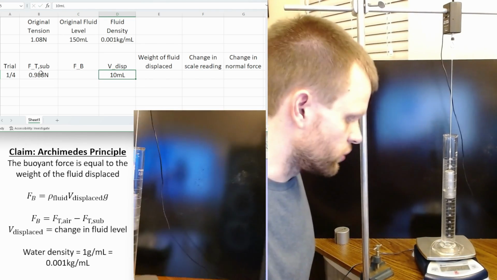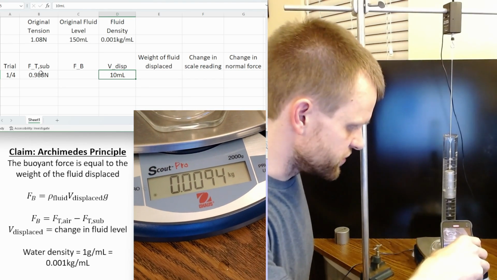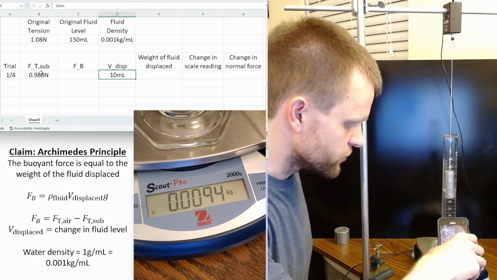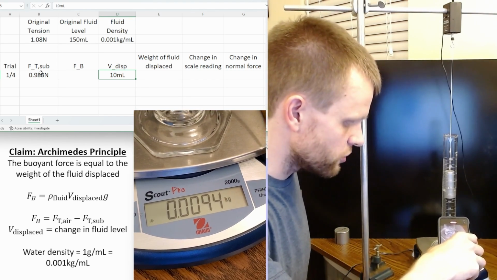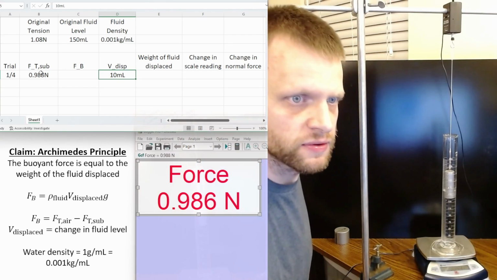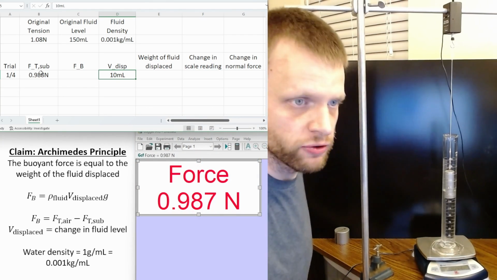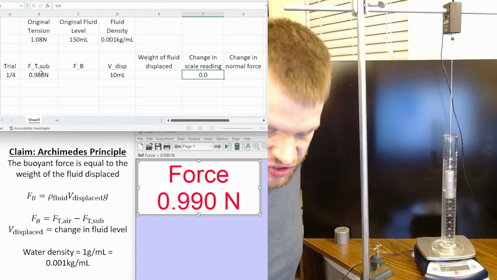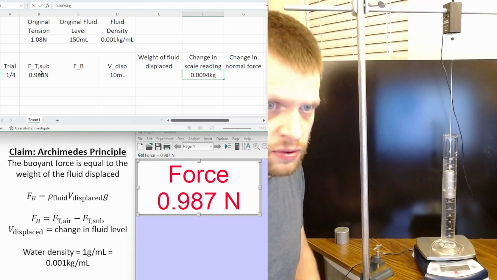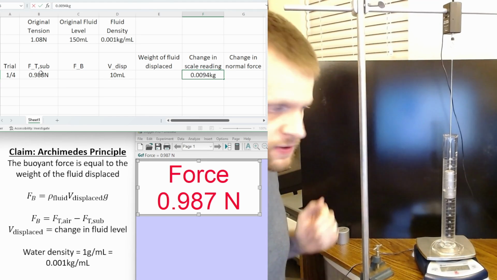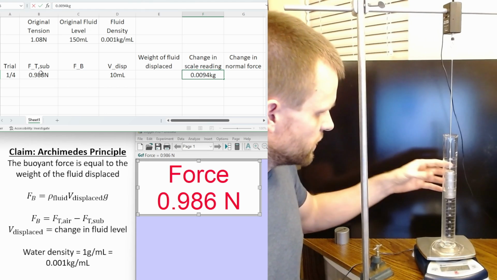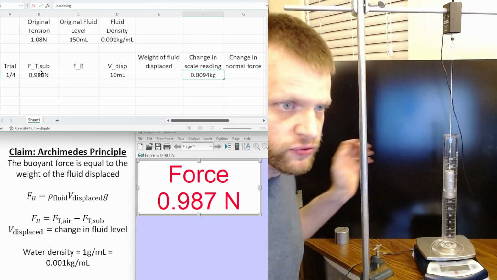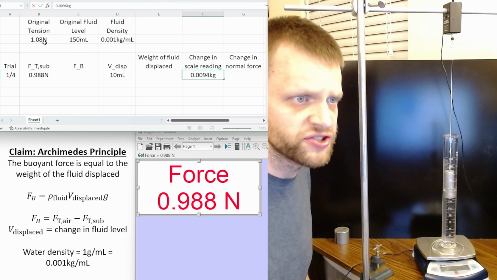And let's also look at our scale reading, just in case this tries to reset on me. So that scale reading is 0.0094 kilograms. That is our new scale reading. Okay. Now, let's identify a couple of things about this setup.